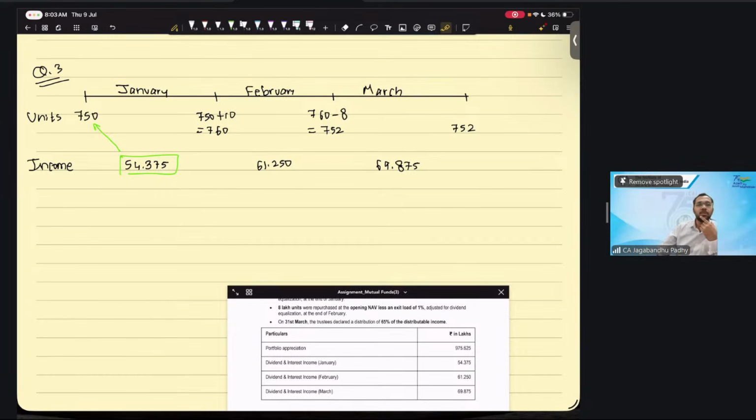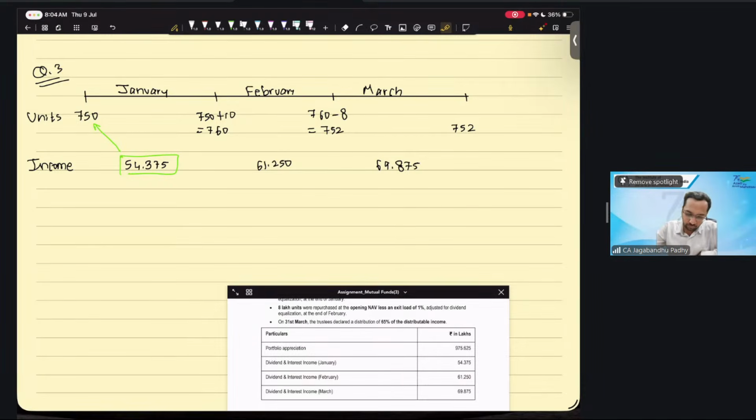Okay. Now you are coming as a new investor. You should be paying for this 54.375. And the money which you are going to pay additional is what we call dividend equalization.